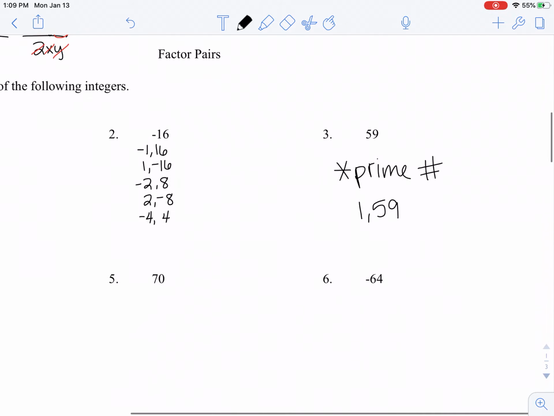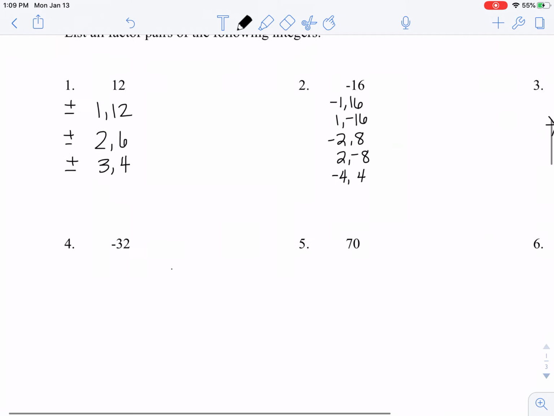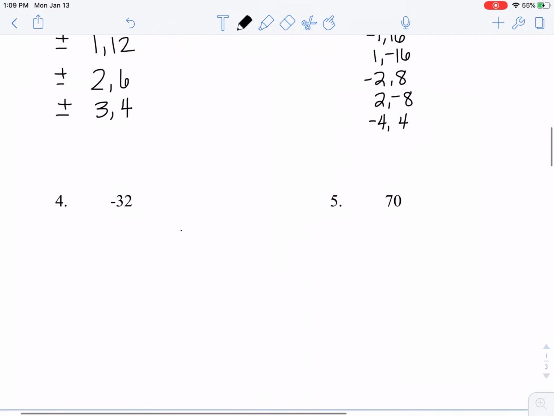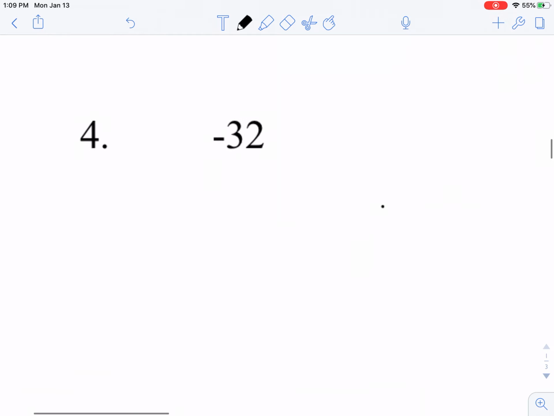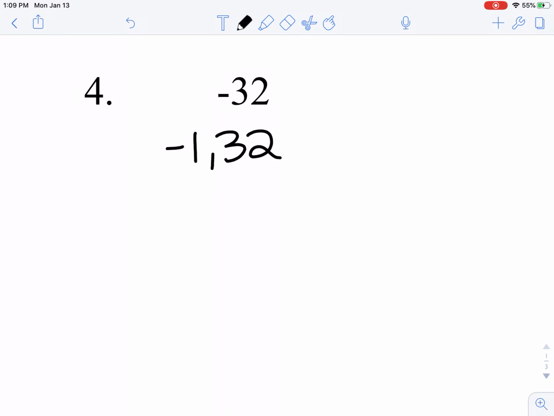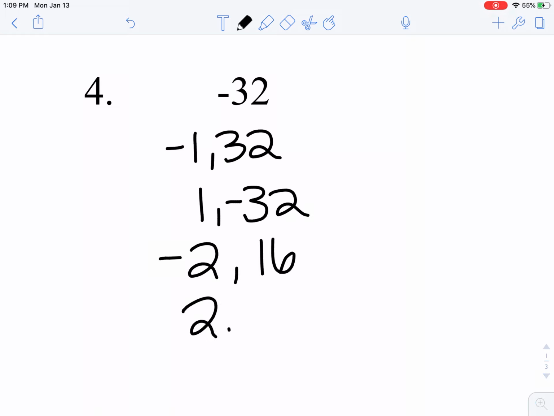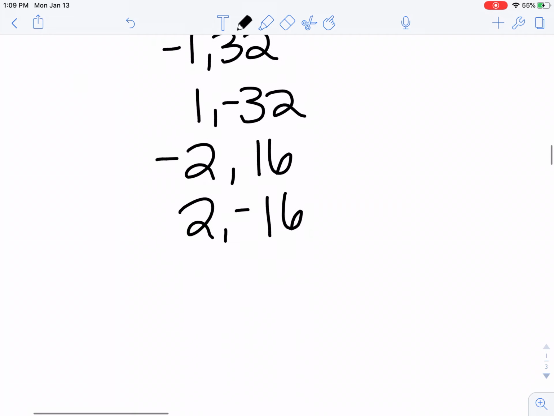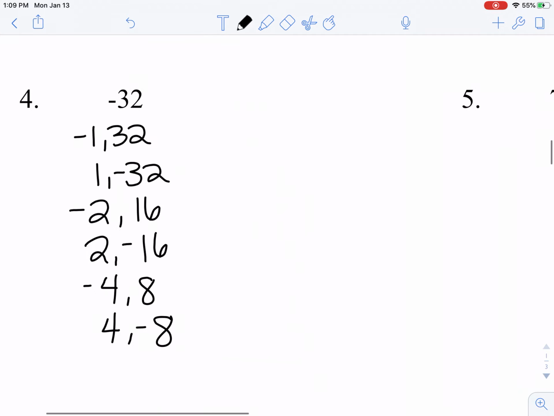Okay, so I want you guys to go ahead. You guys try to do -32 and 70 and -64 on your own while I write them out right now. Okay, so those are your factor pairs for -32.